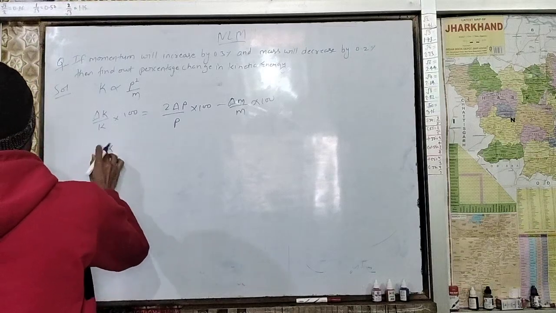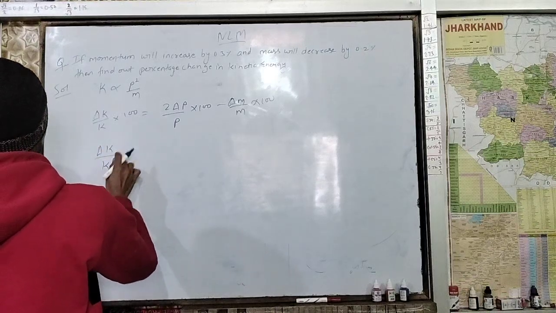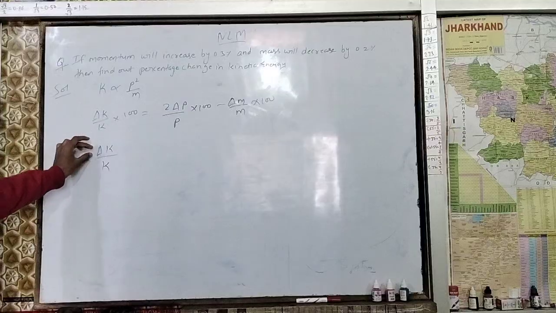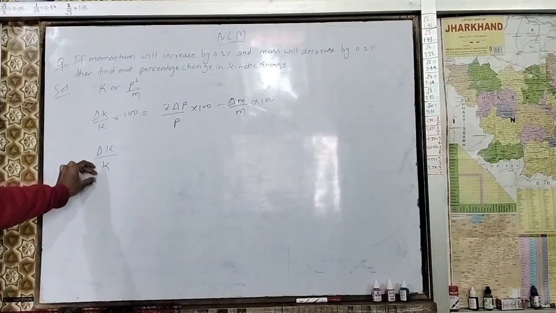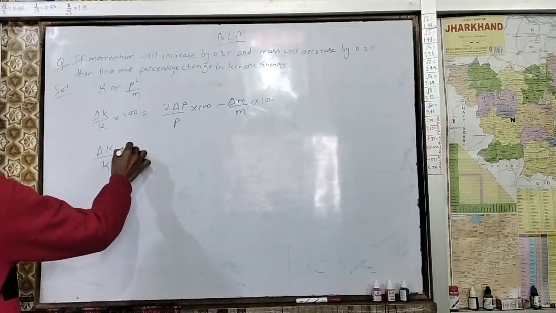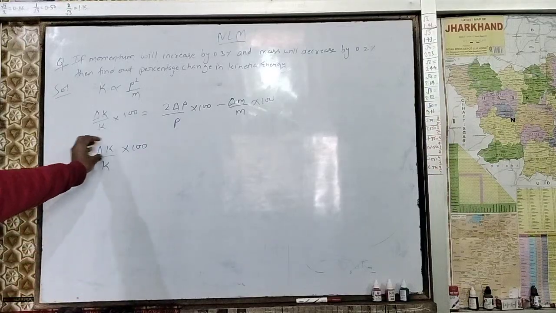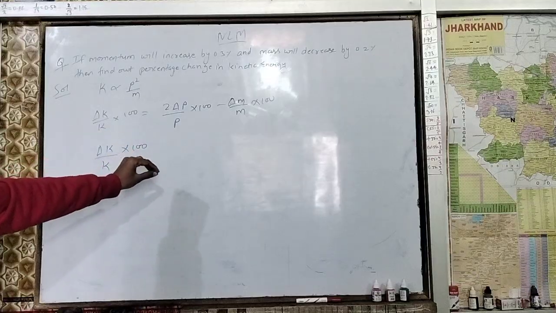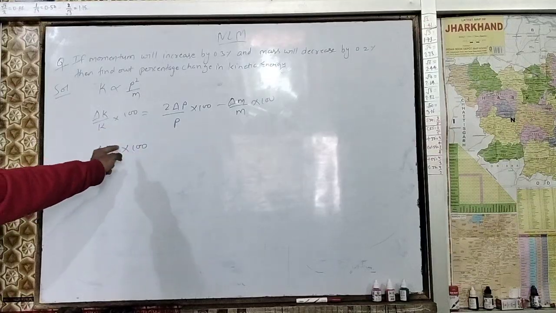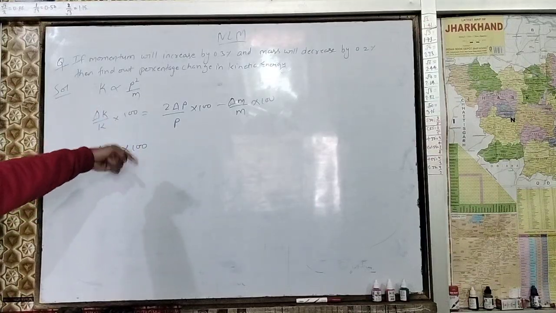This delta K upon K, we are finding the change in kinetic energy from kinetic energy multiplied by 100. Initial kinetic energy was how much, and total kinetic energy is how much, it changes into percentage. This 100 is a percentage.